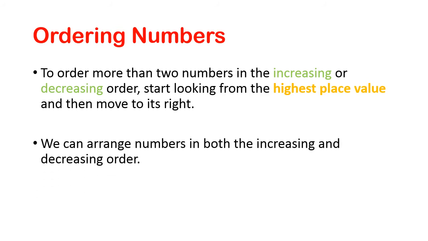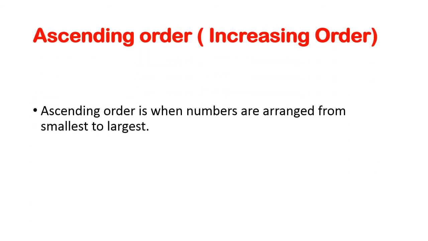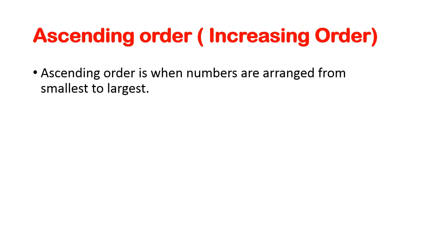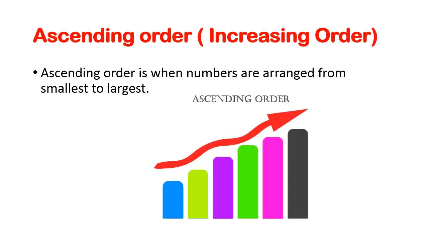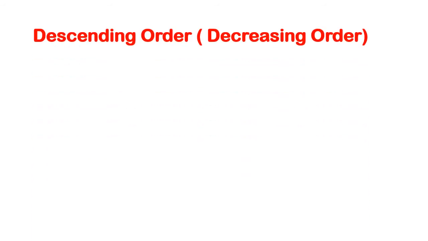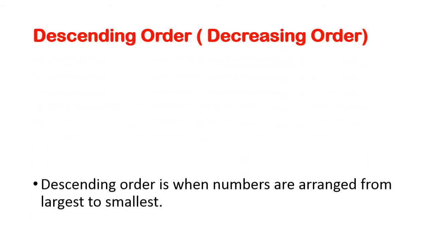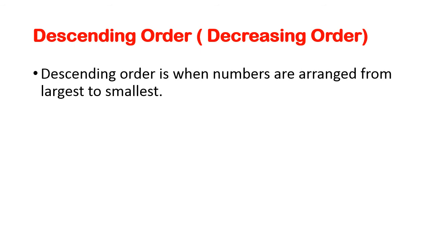So we can arrange numbers in both the increasing and decreasing order. Increasing order, that is ascending order, is when numbers are arranged from smallest to largest number. Then descending order or decreasing order is when numbers are arranged from largest to smallest.